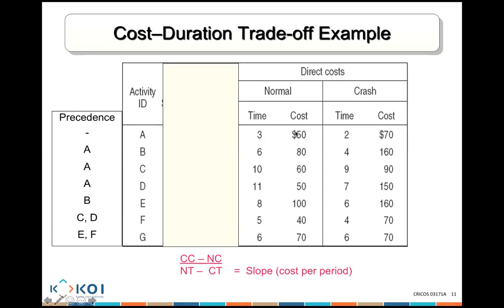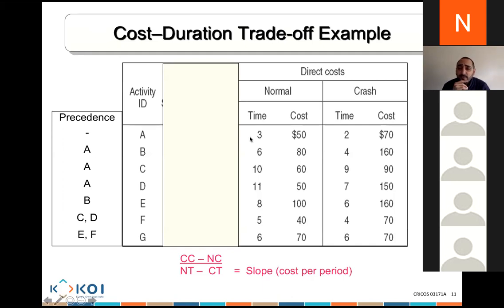So 20 divided by 1 means the slope for activity A is 20. It means A is only going to cost me $20 to reduce it per day. Does that make sense?